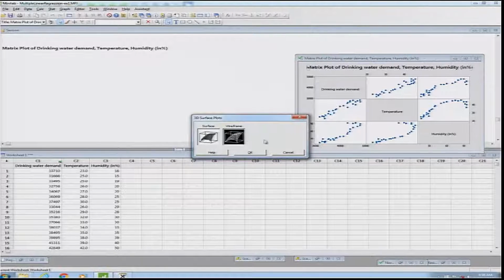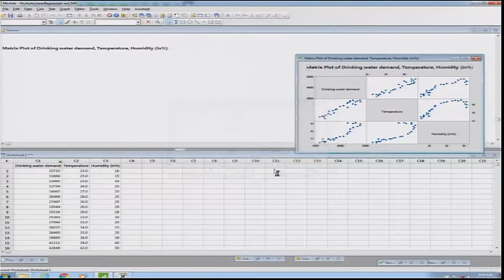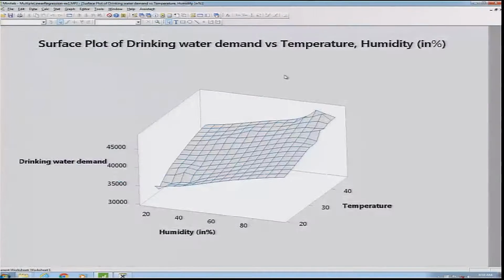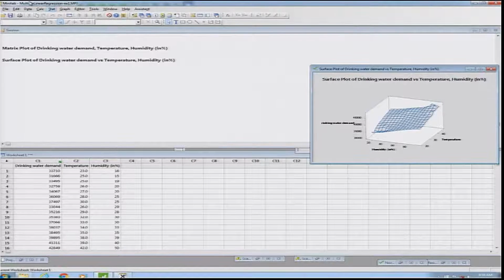So we go for a three-dimensional plot which is based on the wire. Here, on the z-axis I use the drinking water variable, on the y-axis temperature, and on the x-axis the humidity, and we get this type of 3D surface. Now, let us store it, and we will analyze it later.